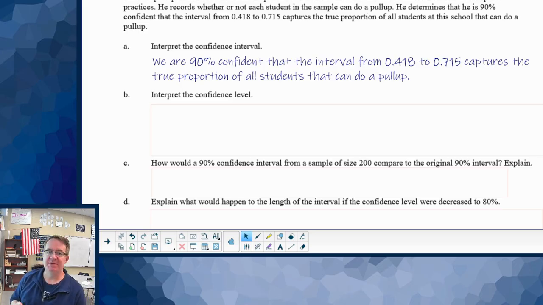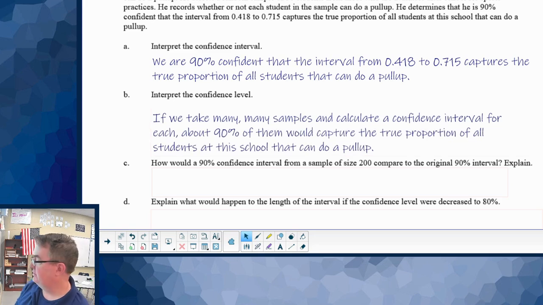Now, what does it mean to be 90% confident? It means this: if we take many samples and calculate a confidence interval for each of those, about 90% of them will capture the true proportion of students who can do a pull-up. So when I ask you about the confidence interval, you're going to say the first one. When I ask about the confidence level, you're going to say the second one.